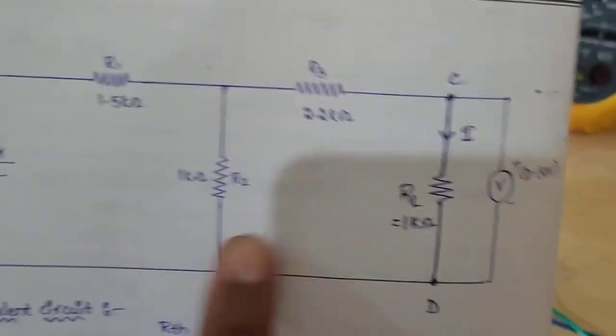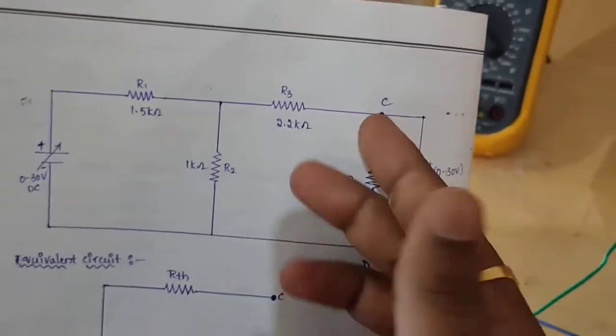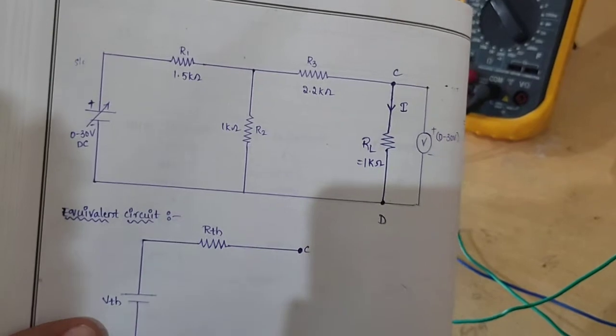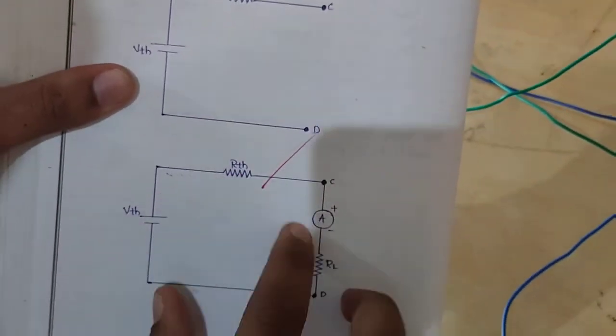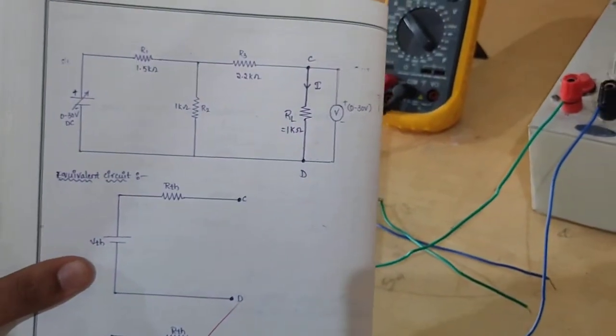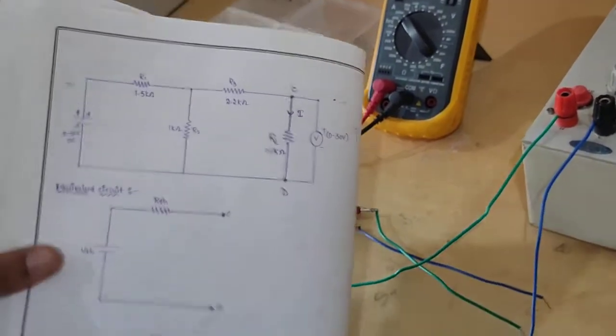Okay, so now we'll connect this circuit and measure the current flowing here. Again we'll make this other connection, the Thevenin's equivalent, and measure the current. Both currents should be the same, then only we can say both circuits are verified and Thevenin's theorem is verified.